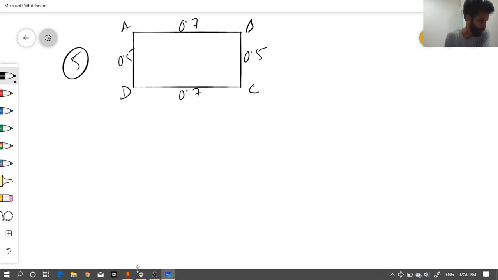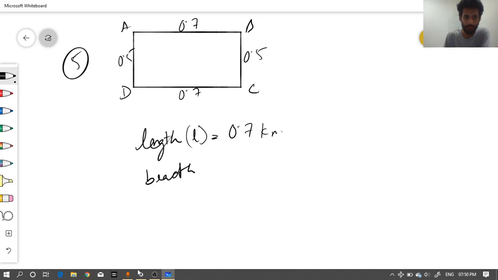Now here we just have to write the length L is equal to 0.7 kilometer, breadth B is equal to 0.5 kilometer.